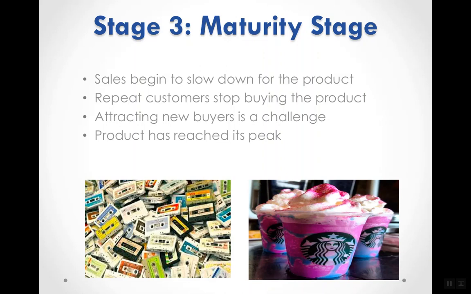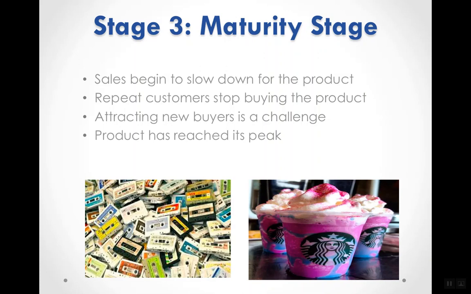At the maturity stage, sales begin to slow down for the product. Maturity stage is the third stage in the product life cycle, when sales turnover reaches the highest level and the demand tends toward saturation.